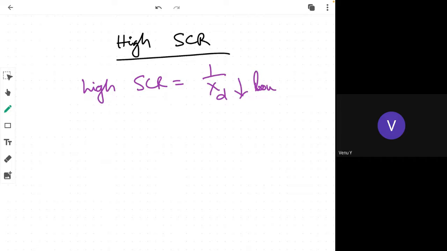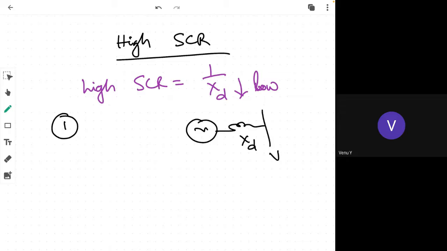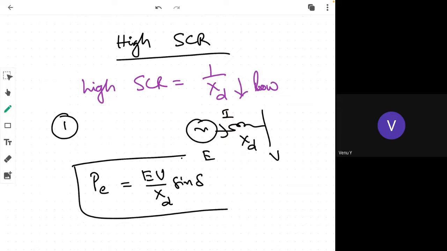So for the synchronous machine, XD, this is the bus voltage V, E, this is the current I. The PE equal to EV by XD sin delta. This is the power transfer by the machine to the infinite bus.